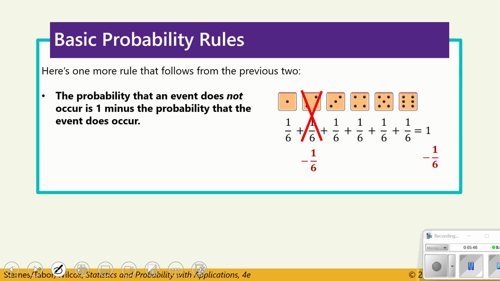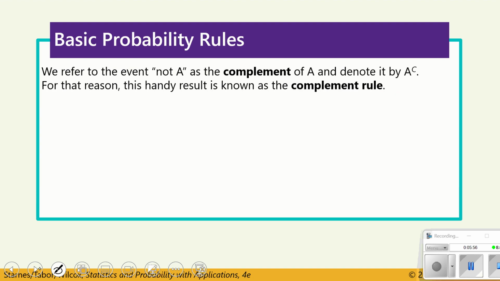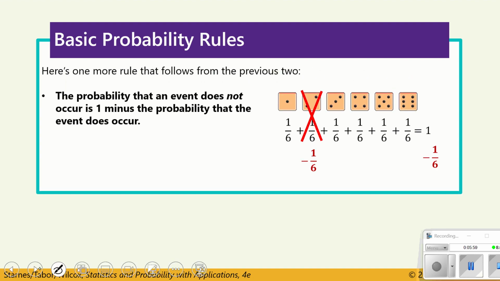So the probability that it does not happen is 1 minus the probability that it does happen. So a 2 has a 1/6 chance of being rolled. So I just subtract that, and that will give me my probability that it does not happen. So this would be 5/6 for our answer here. This is often called an opposite problem.